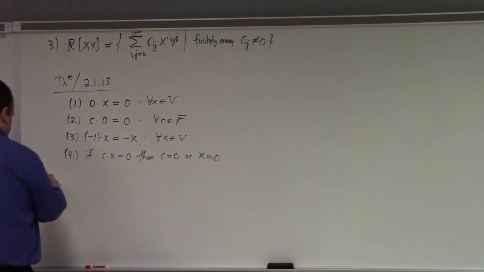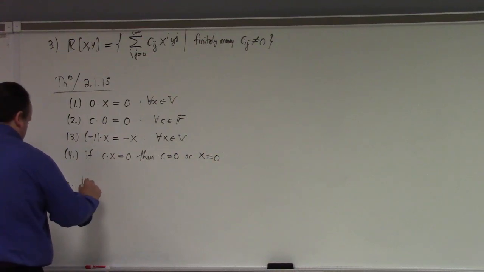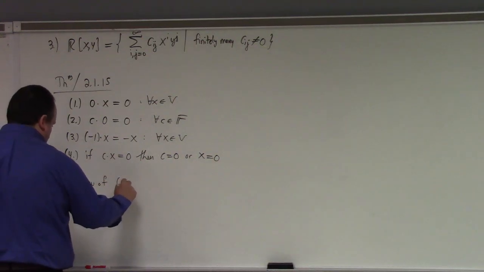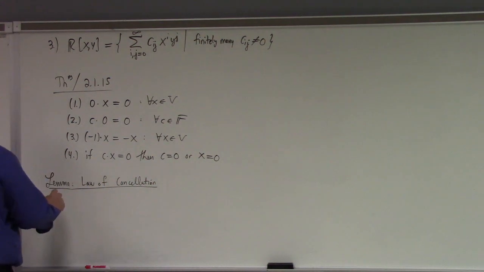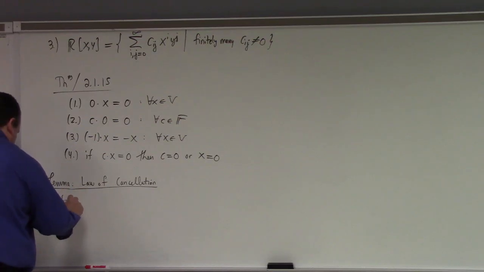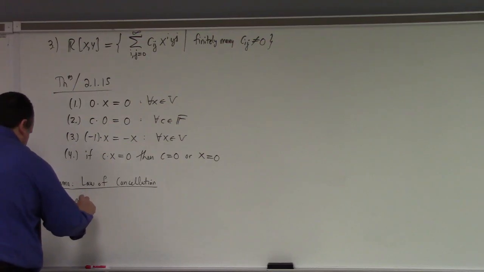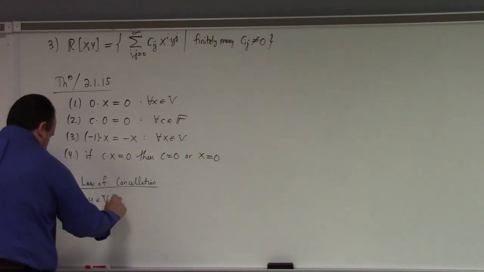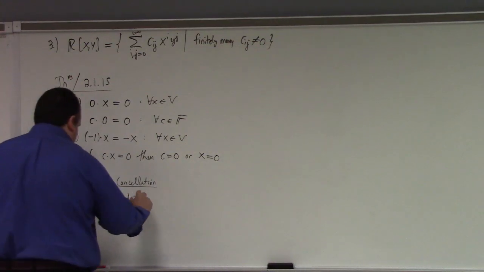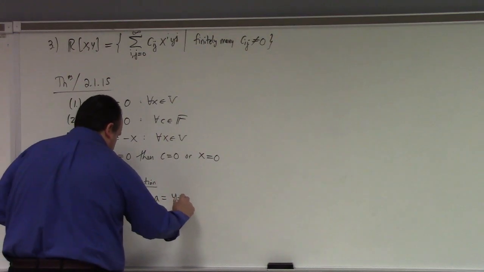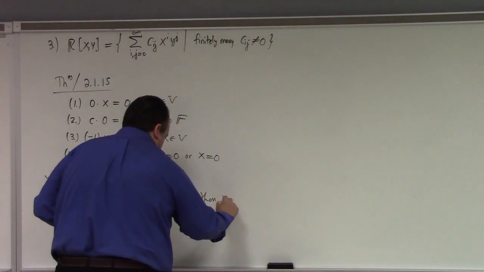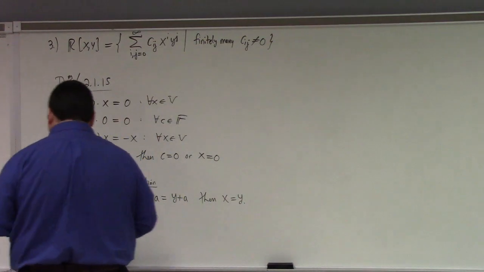And then it turns out these are pretty much stemming from this lemma, which is the so-called law of cancellation, which says that if a, x, and y are vectors, and x plus a is equal to y plus a, then x is equal to y, right?